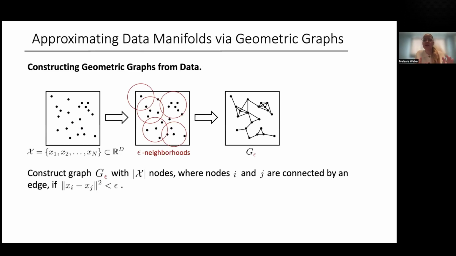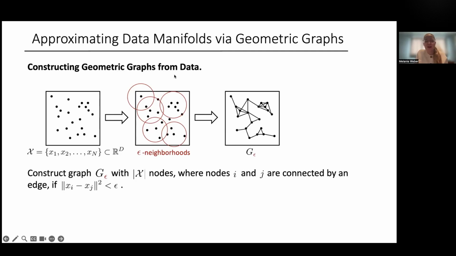So one nice tool to sort of interpolate the discrete and the continuous regime for a point cloud that was sampled from a manifold is to construct geometric graphs. So let's say we have our point cloud. This is all we observe, right? The data manifold from which those were sampled is unobservable. We know nothing about that manifold. We just know it's there.